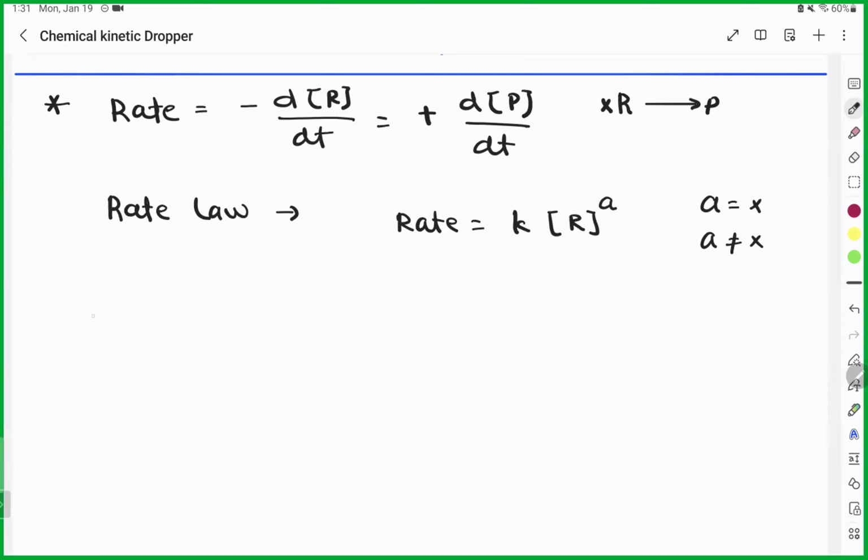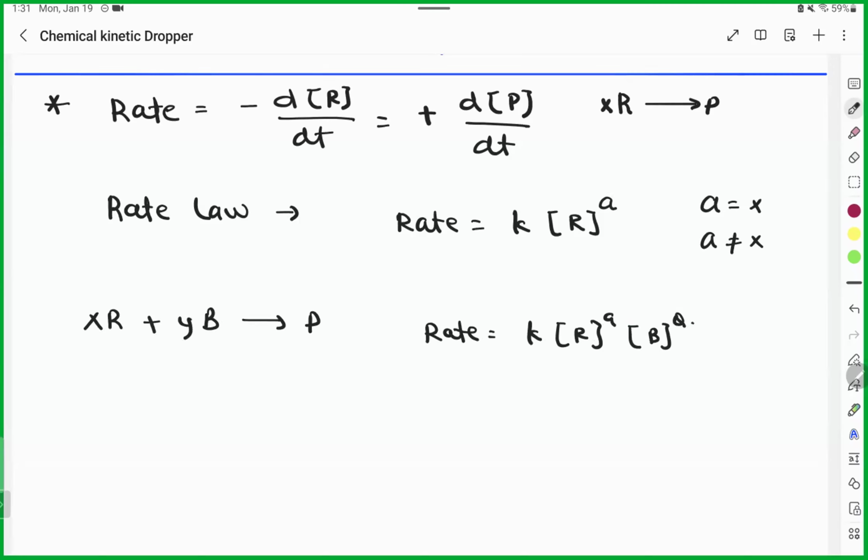Okay, rate law is based on the number a. Example, if x R and y B are producing product, then in this case rate will be equal to R raised to power a and B raised to power, you can take any random number, q.